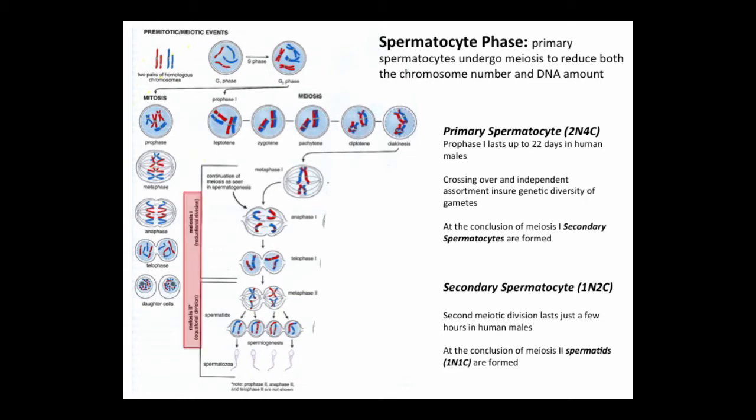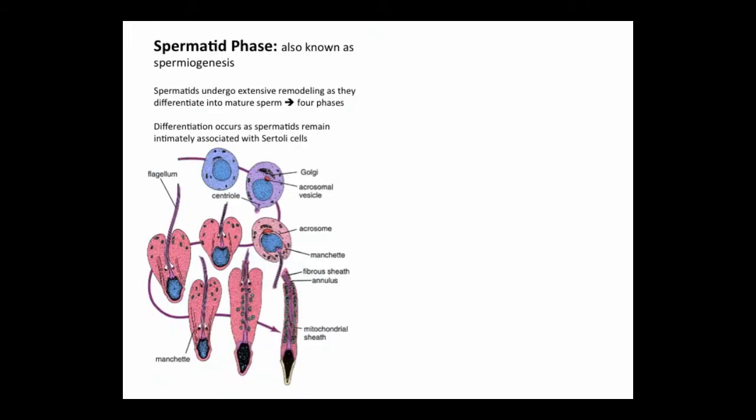Meiosis 1 is considered the heterotypic or reduction division because chromosome number is actually reduced to the haploid level. Meiosis 2 is the equational division. Chromosome number essentially stays the same here as haploid, or 23 chromosomes, but DNA content is reduced from 2c to 1c. The spermatid phase is also known as spermiogenesis.